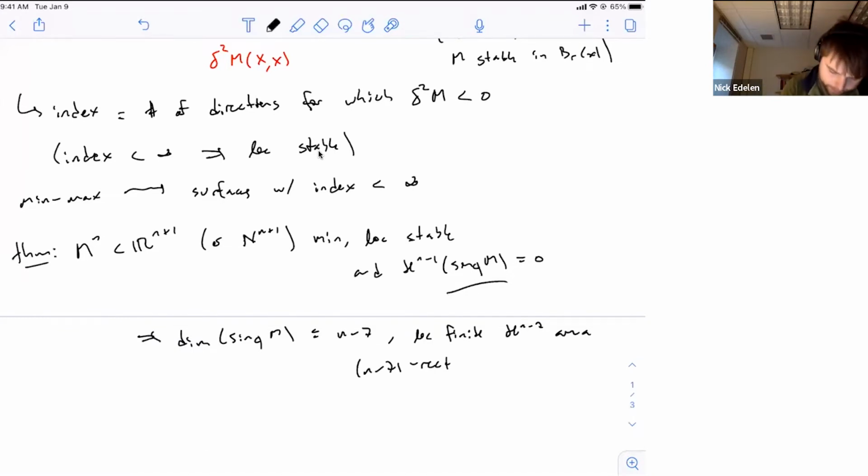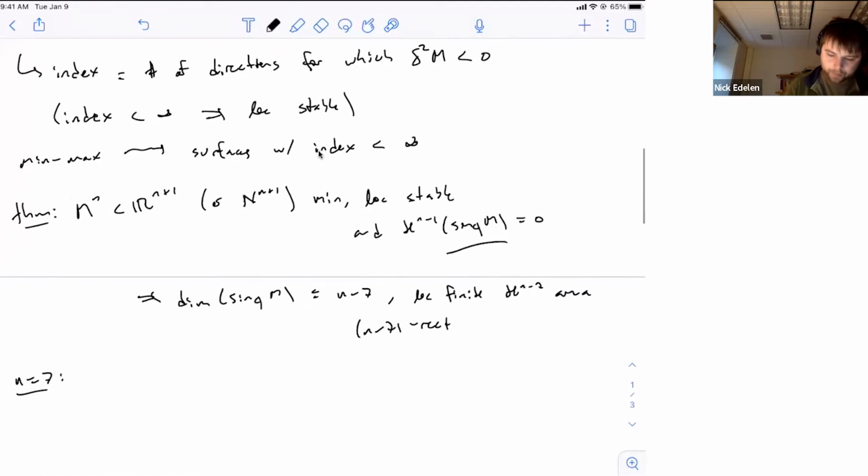In dimension 7, the critical dimension, we actually know even more. In this case, the singular set is discrete, and tangent cones are always unique.